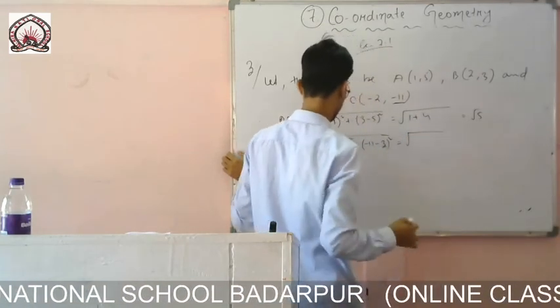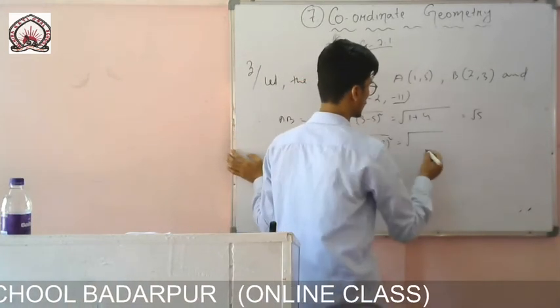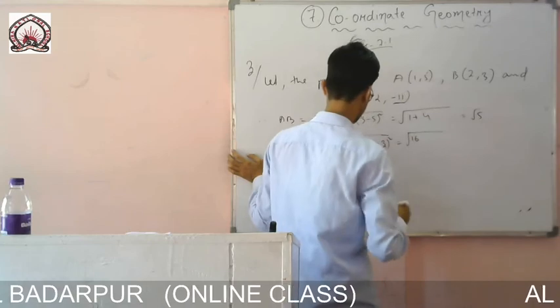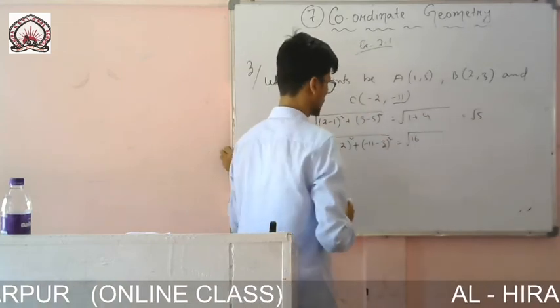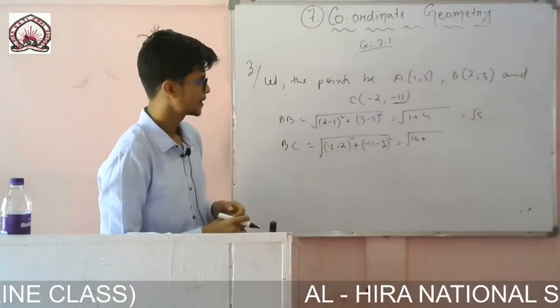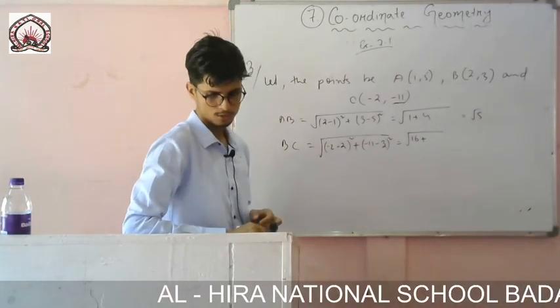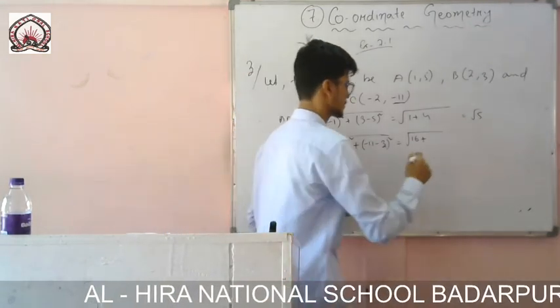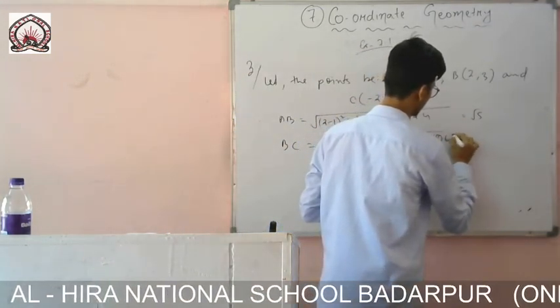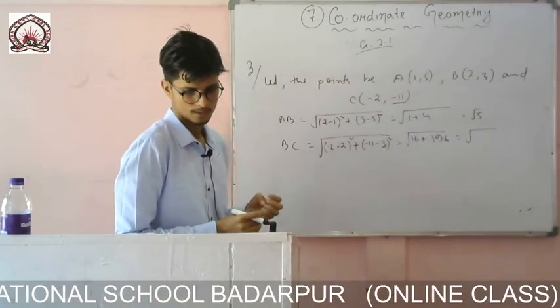If I solve it, minus minus is plus, so 2 plus 2 is 4, 4 square is 16. And minus minus again is plus, so 11 plus 3 is 14, 14 square is 196. So if I add them, 16 plus 196.